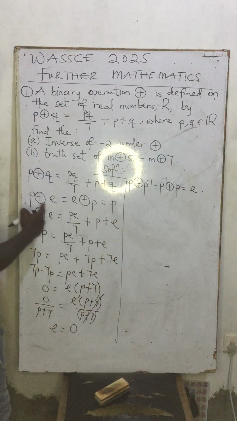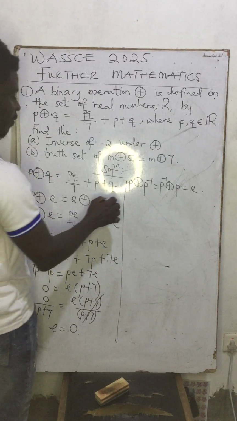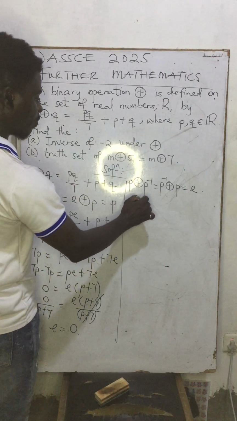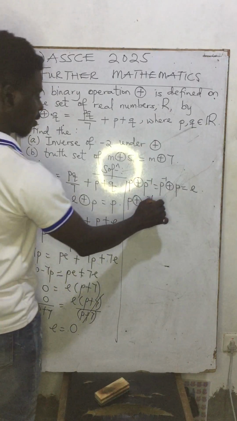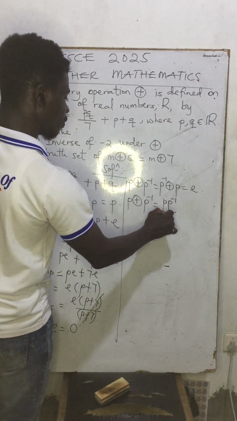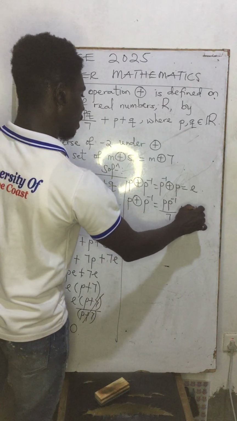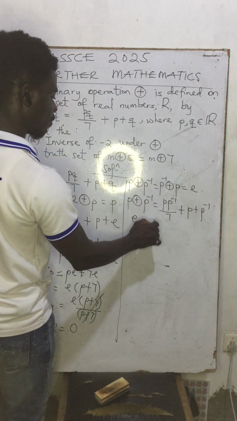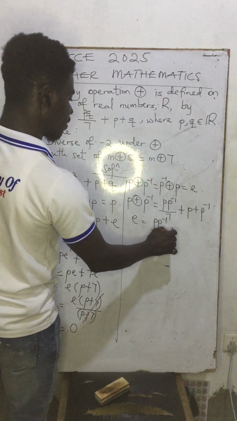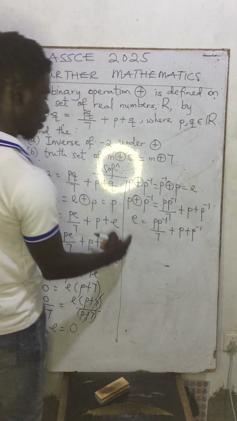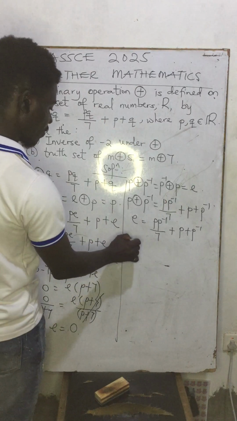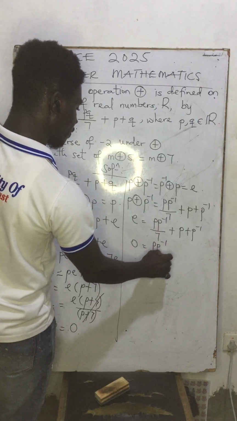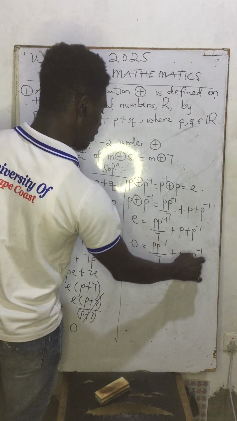So in place of E we substitute P inverse. P operation P inverse is P times P inverse over 7 plus P plus P inverse, and this is just E, which is equal to 0. So 0 equals P times P inverse over 7 plus P plus P inverse.